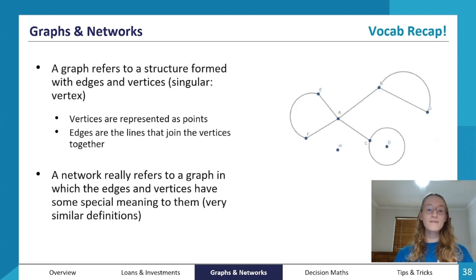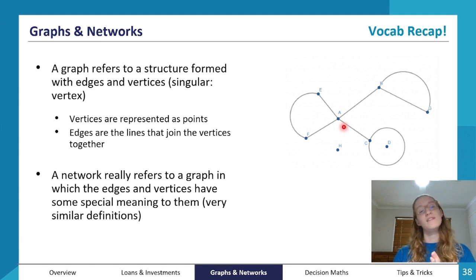So a graph refers to a structure formed with edges and vertices. For example, this is vertex H, this is vertex A, and this is an edge connecting those two vertices. Like I said, vertices are the points and the edges are the connections. Technically, a network refers to a graph in which the edges and vertices have some special meaning attached to them.